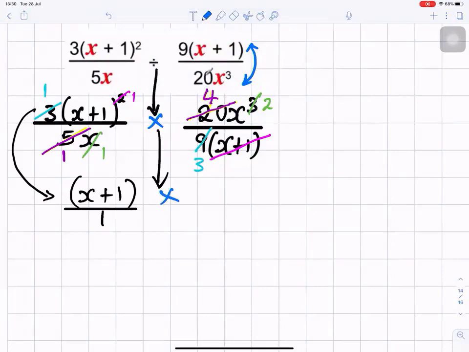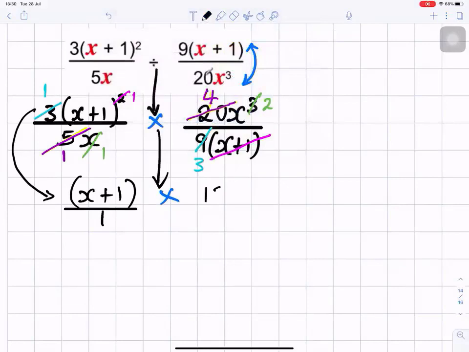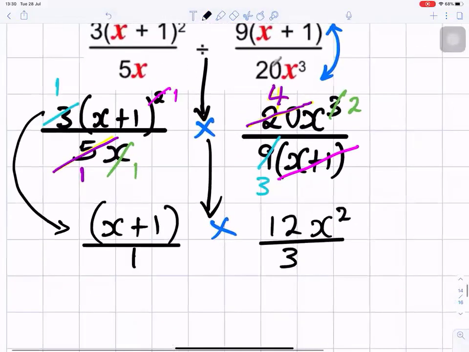At the top now, we have 4 times x squared, right? Not 4 times 2.